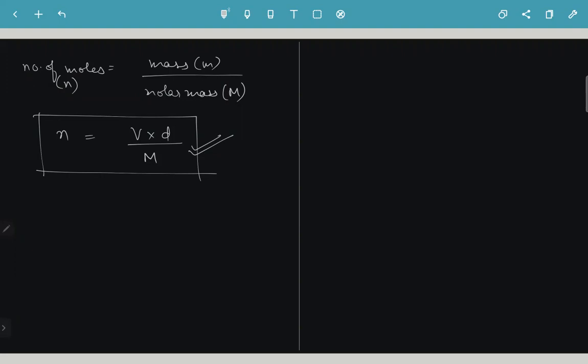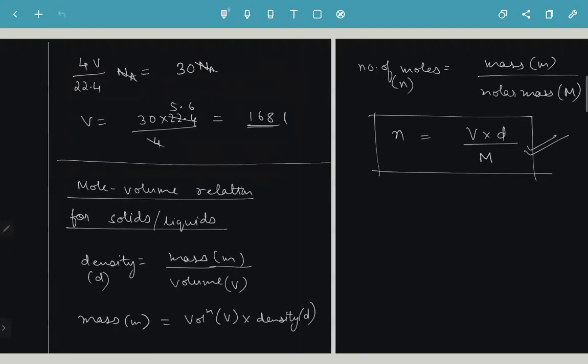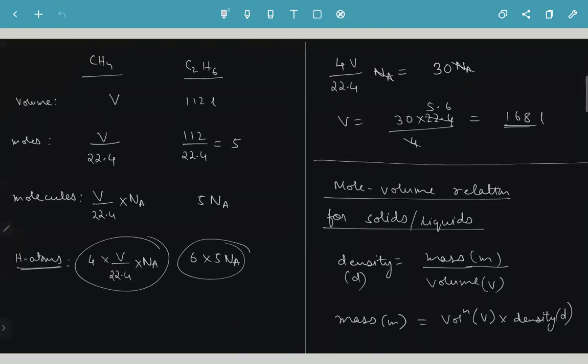We'll find out the total mass by multiplying volume and density, and then we'll divide by molar mass to get the number of moles. Okay. For solids and liquids.